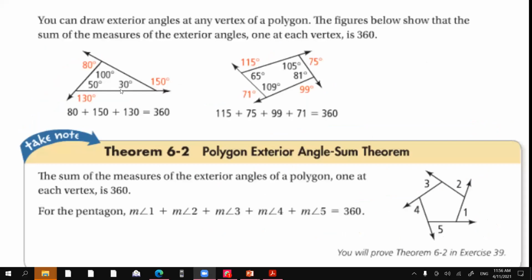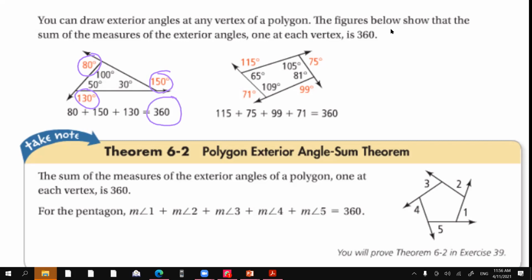Let's come back here. Now we have this triangle. They told me that the summation of the measures of these exterior angles, which means they are outside the triangle, is 360.